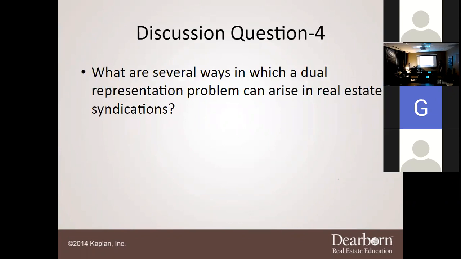Question 4, Mr. Trax. What are several ways in which a dual representation problem can arise in a real estate syndication? Don't let the syndication throw you off. Just think of it as a transaction. What are some issues that dual representation can raise in real estate? I would say implied is probably the biggest one.